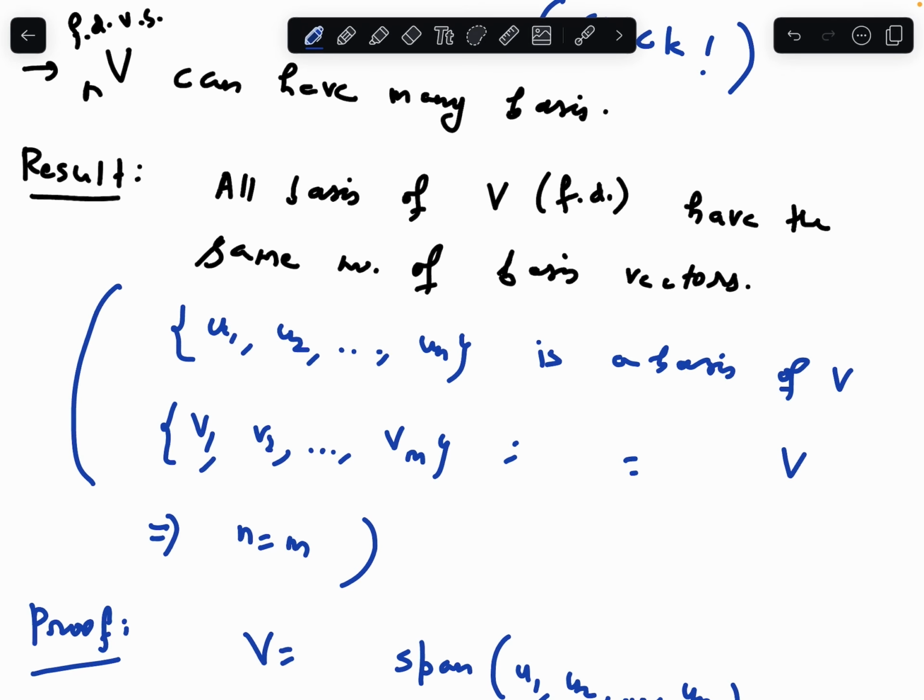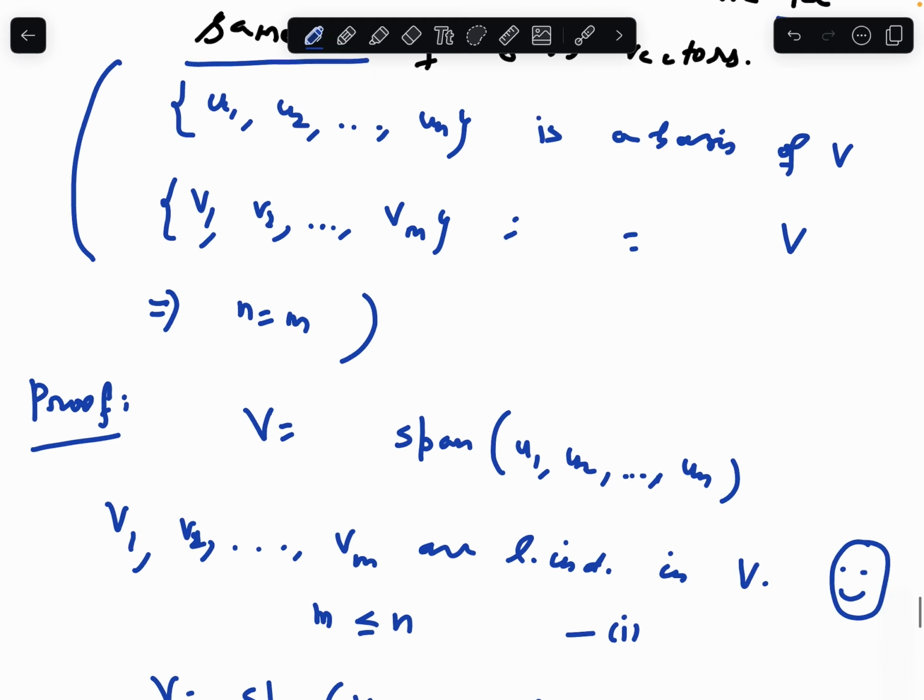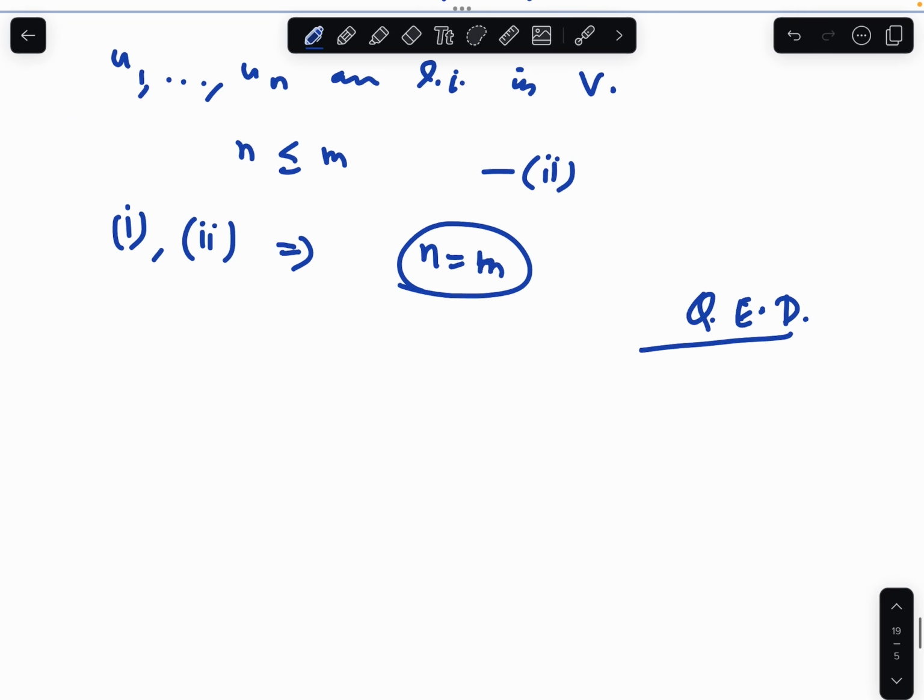Therefore, this number becomes important. So this gives rise to our next definition.